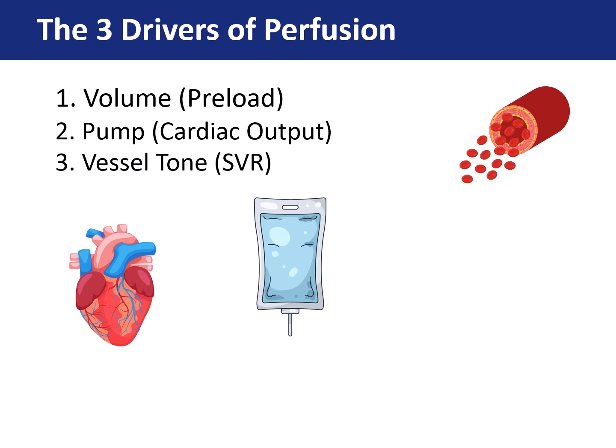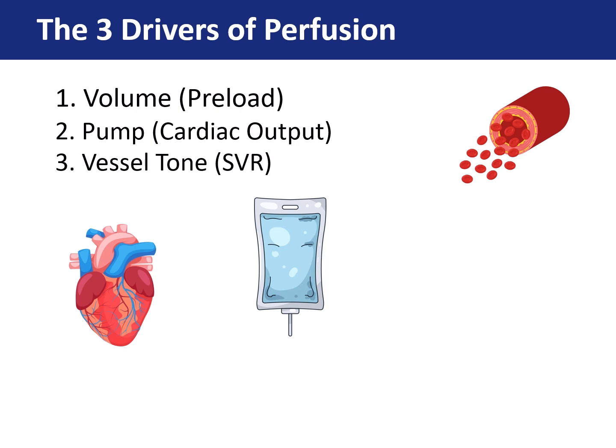Volume, if it's too little, that'll be shock. If it's too much volume, you have congestion, like congestive heart failure. The pump, if the pump is weak, your cardiac output is going to be affected.